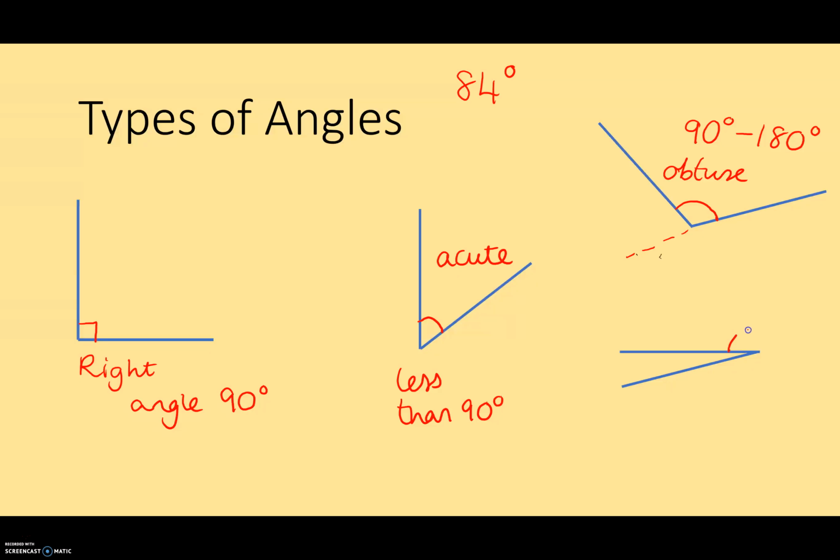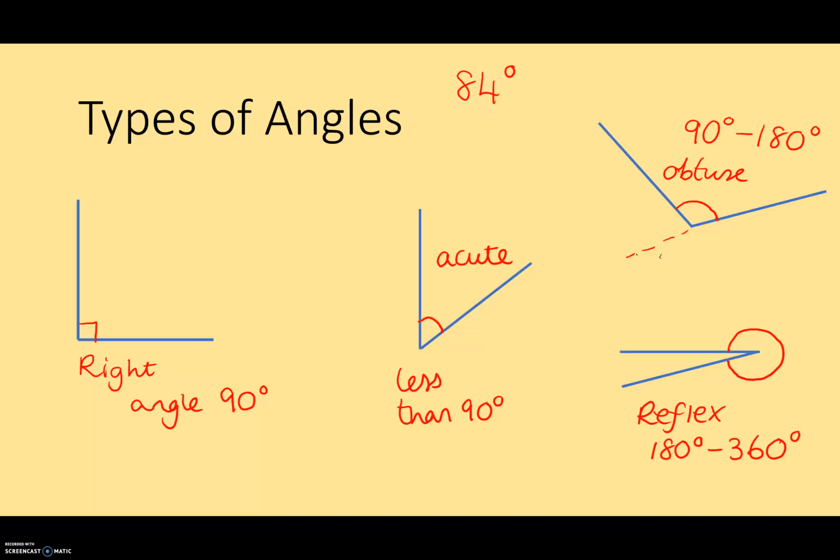If it's bigger than that, like this one, we call that a reflex angle. So any angle that's between 180 degrees and 360 degrees is called a reflex angle. Okay, and a full circle all the way around would be 360 degrees.